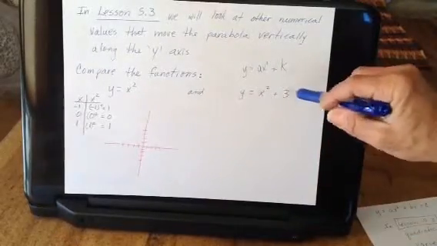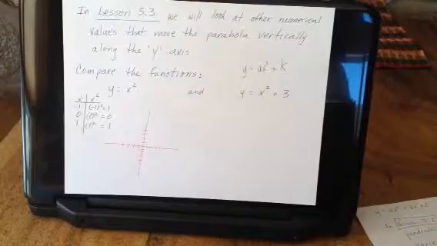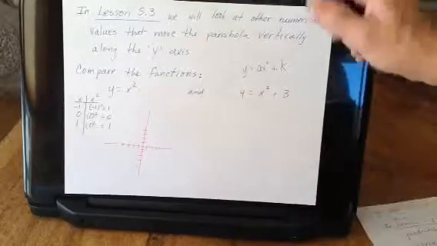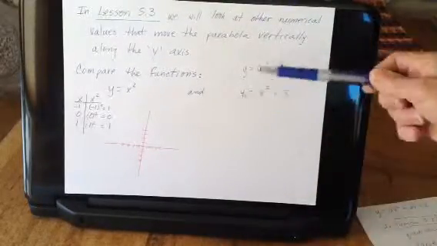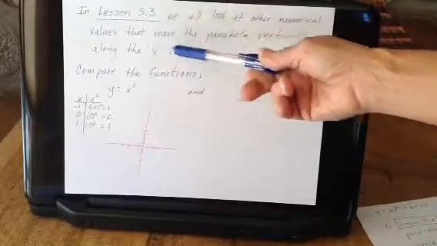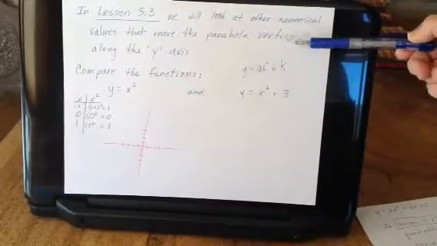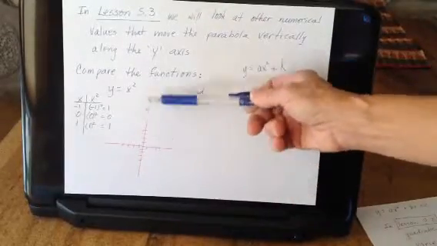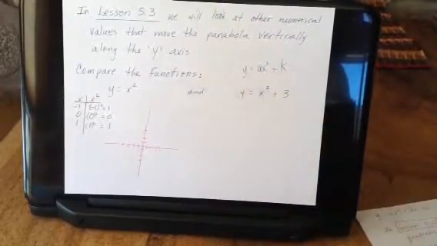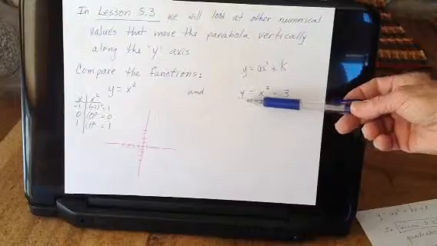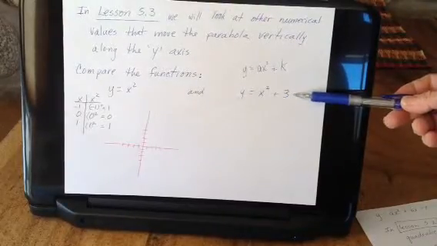But we're going to see what this 3 does to our parabola. Hopefully, when we plug it in, this is going to show you how parabolas move vertically along the y-axis when they are in this form of ax squared plus k.